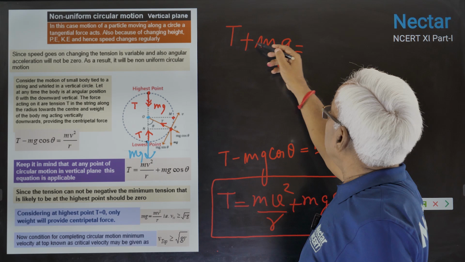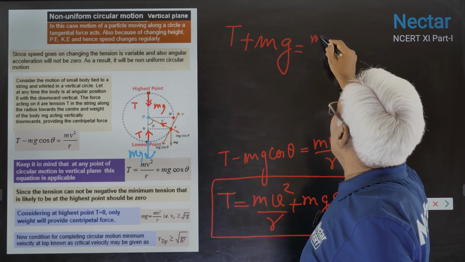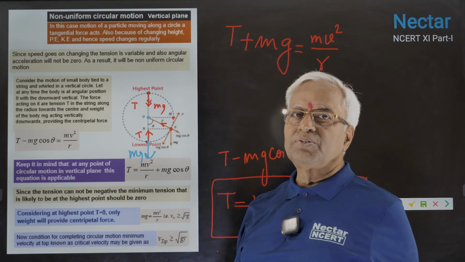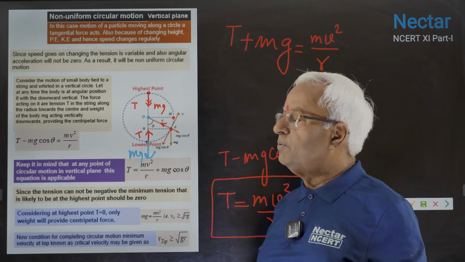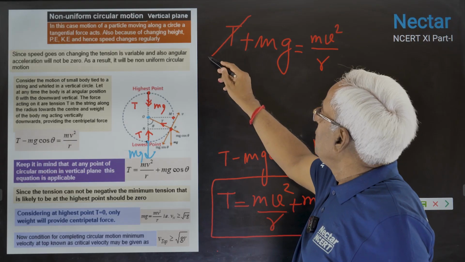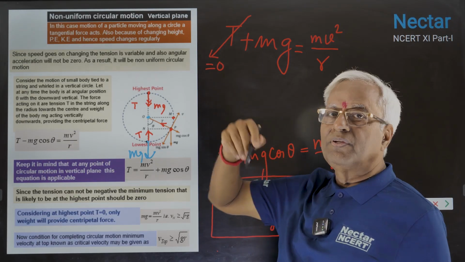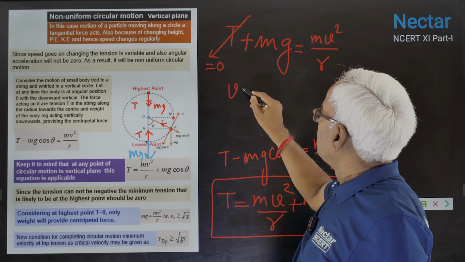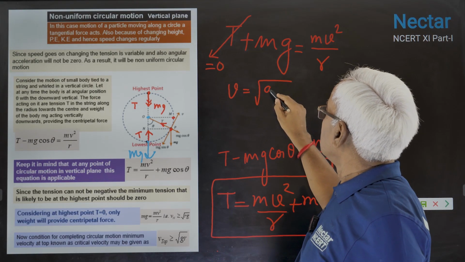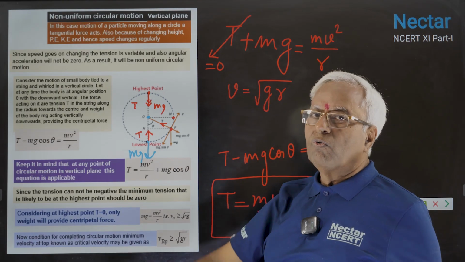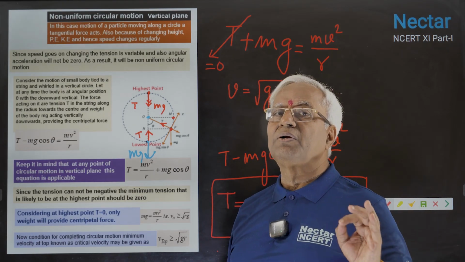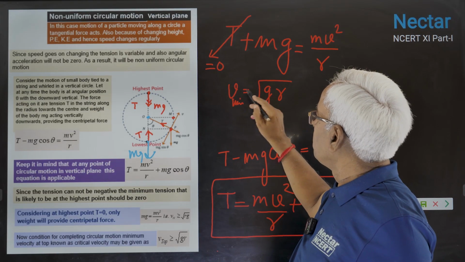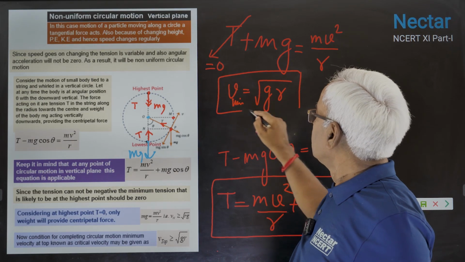Obviously, they both will play the role of centripetal force. But since you are considering the minimum values, let's put the minimum value of tension that I told you is 0. If this is 0, what you get? V equal to root gR. One very important result we got, that minimum velocity at the highest point should be this much.